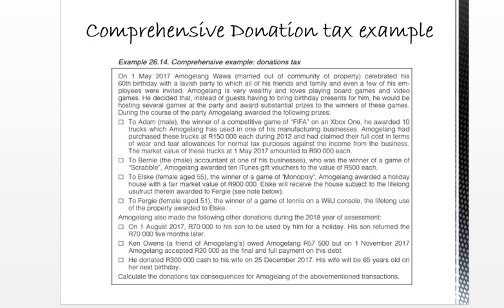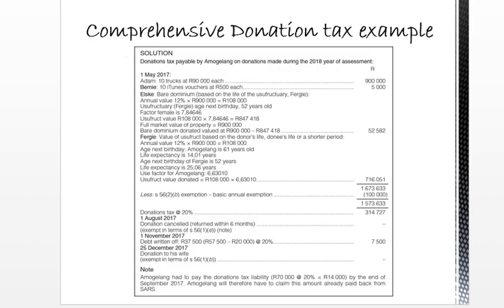Firstly, we want to determine the full amount of property donated, which was 1.6 million, less the exemption of 100,000 Rand. So the value of the property donated on the 1st of May is then 1.573 million, multiplied by 20%, so the donation tax will then be 314,727.